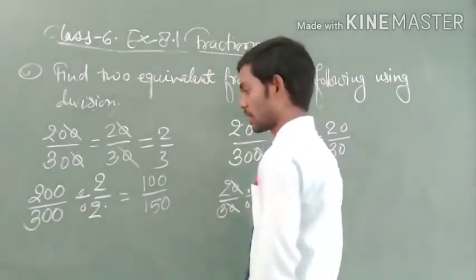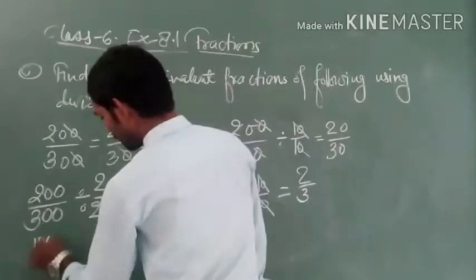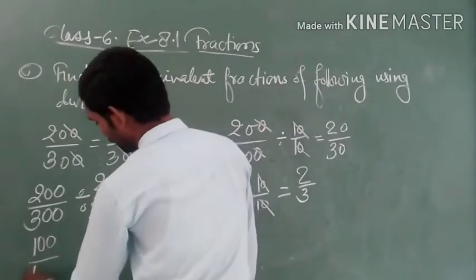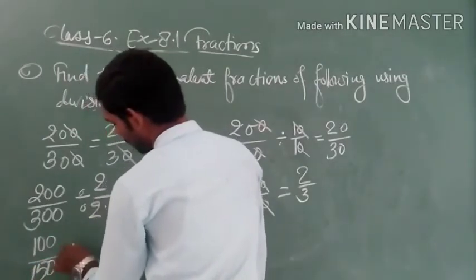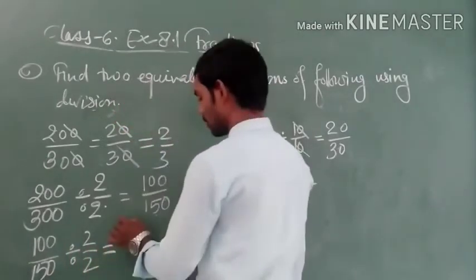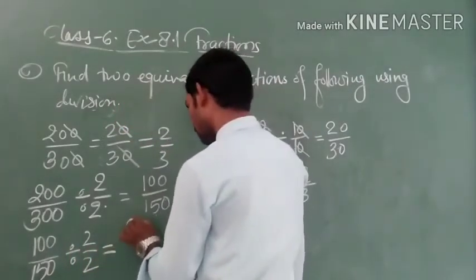Okay? Again divide 100 upon 150 by 2 once again, and hence we get 50 upon 75.